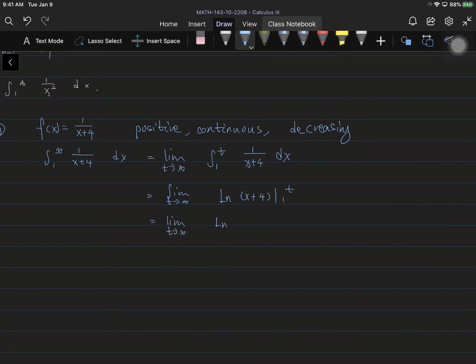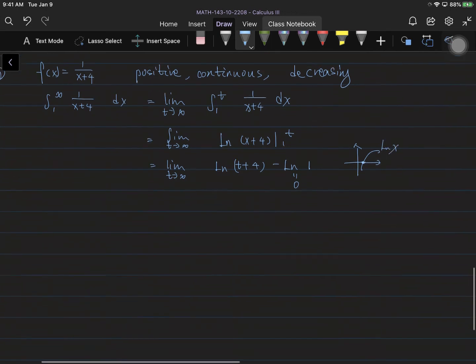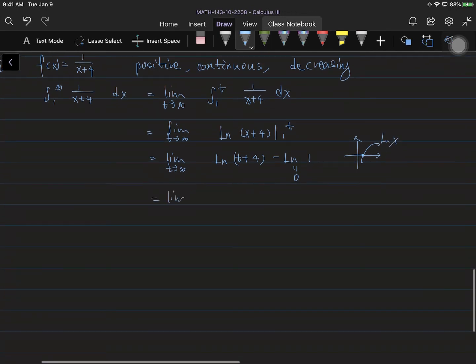So it becomes ln of t plus 4 minus ln of 1, and ln 1 equals 0. ln 1 is 0, right? ln x, that's the graph. So this one equals the limit as t goes to infinity of natural log of t plus 4. And what's this limit? We have the natural log function graph.